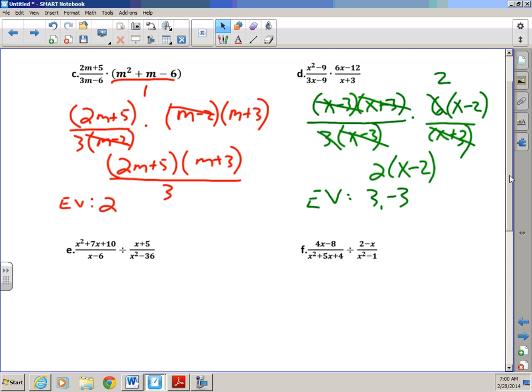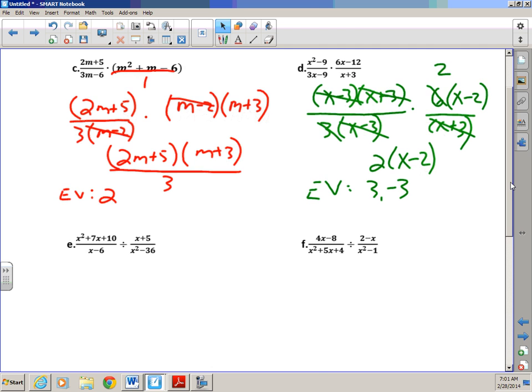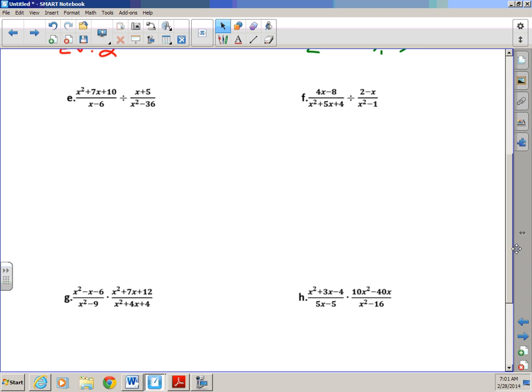Now, division. The only thing with division is, you remember your rules of keep, change, flip. So all you're going to do is flip this first. So this would become x squared minus 36 over x plus 5 when it turns to multiplication.